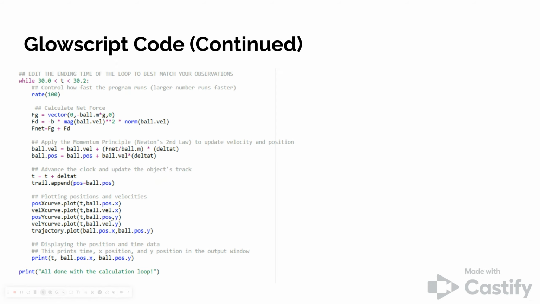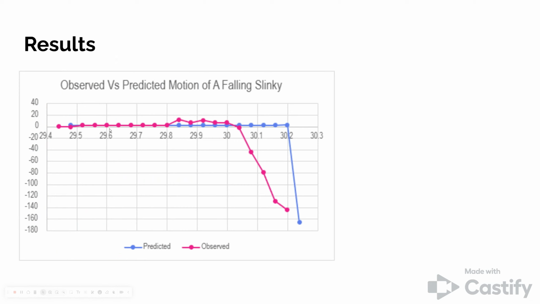So here were the results that we got. The pink was the observed motion, and this was the predicted motion. It did predict that it should take a little bit longer to reach the bottom of the slinky.